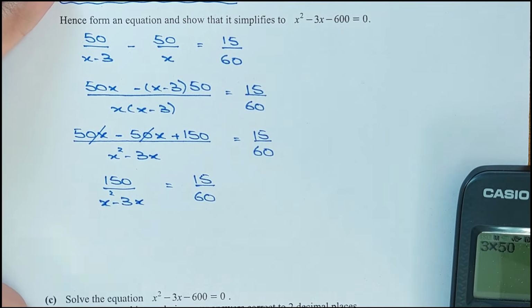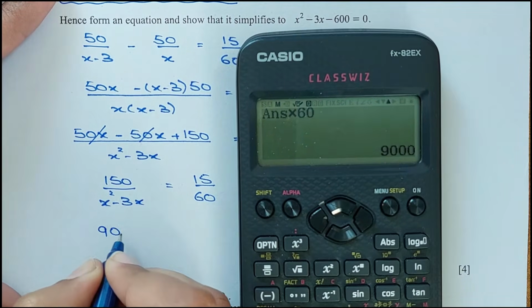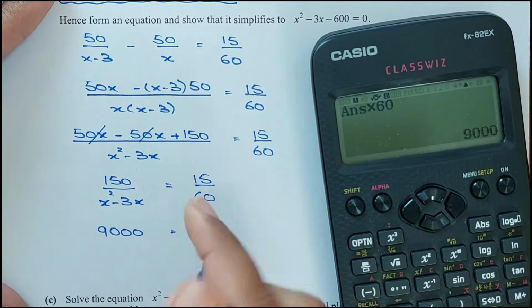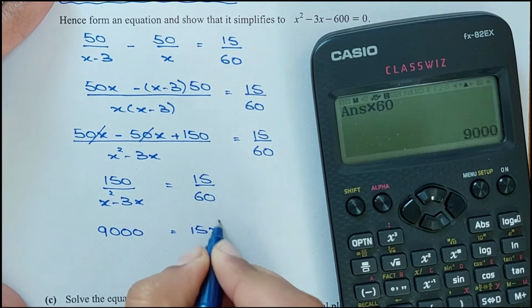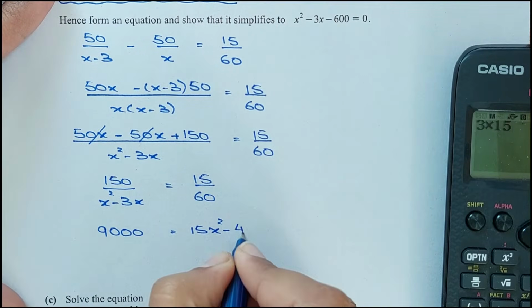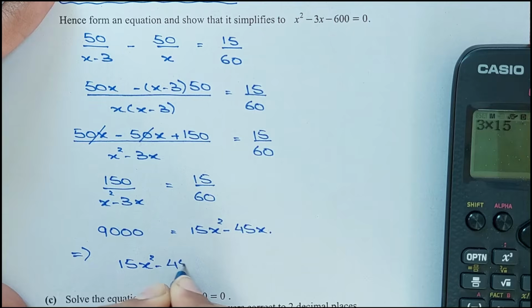Now let me do the cross multiplication. 150 times 60 is 9000. This is times by 15. 15x squared minus 3 times 15, which is 45x. The simplified form is 15x squared minus 45x minus 9000, equals 0, shifting this 9000 to the other side.